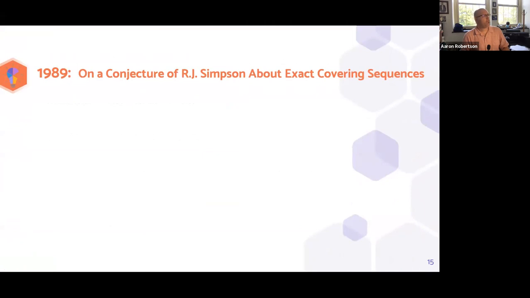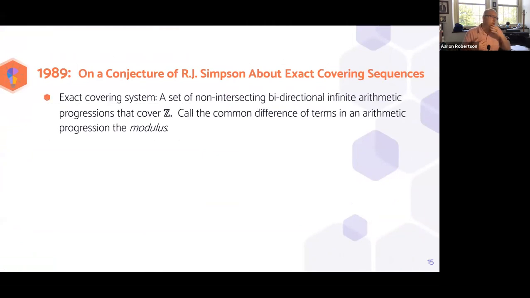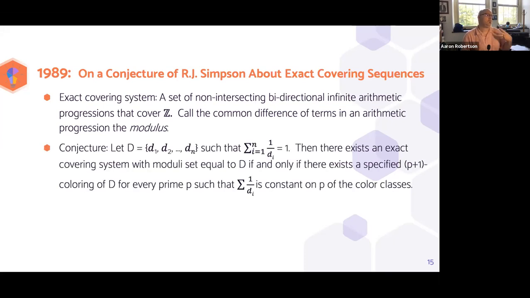Next paper I found was on exact covering sequences. I remember him lecturing about this in grad school. So we're looking at infinite arithmetic progressions that cover the integers exactly, so we don't want any intersection. The conjecture is that if I have these, what I'm calling the common difference is the modulus.